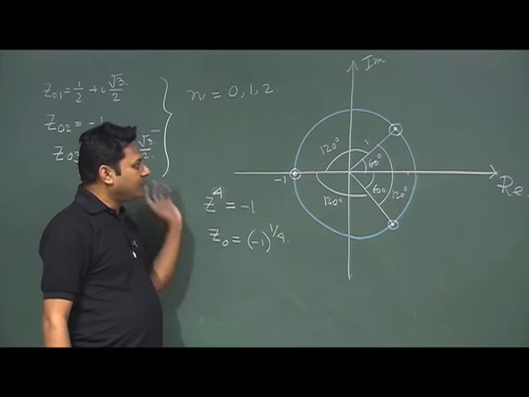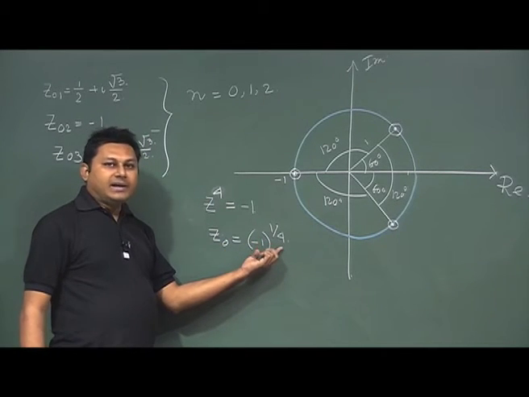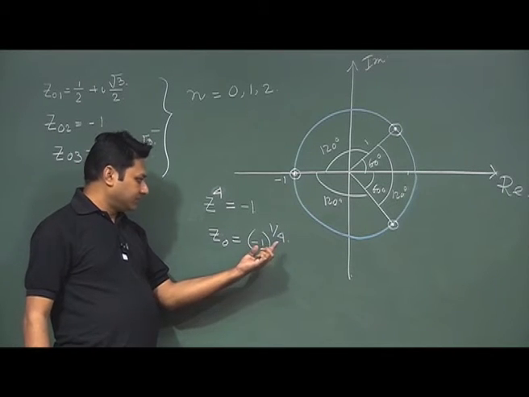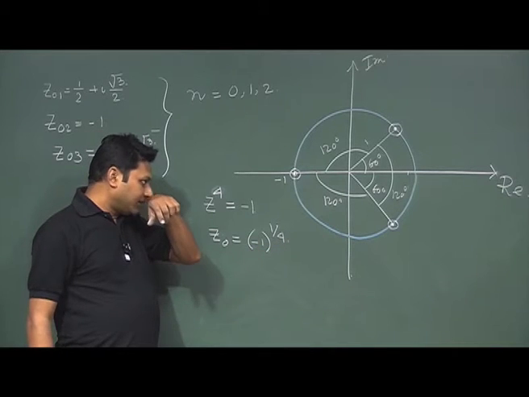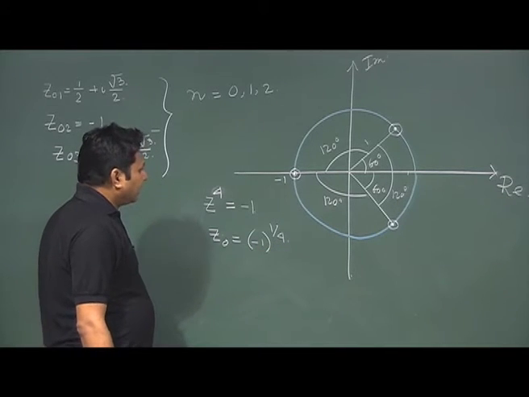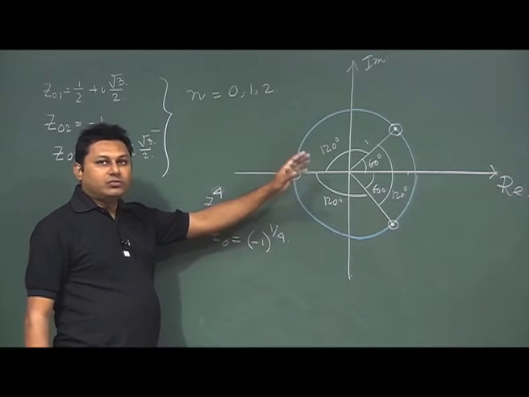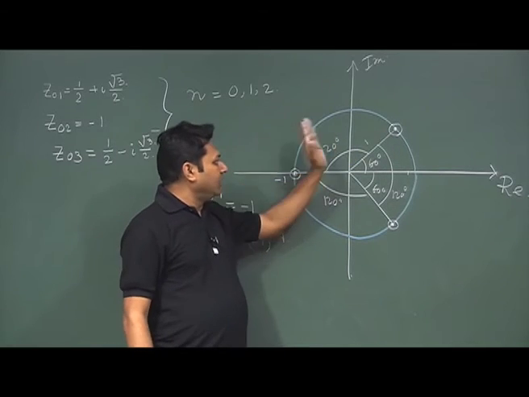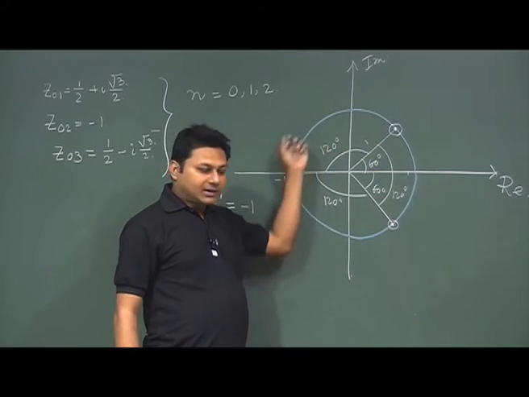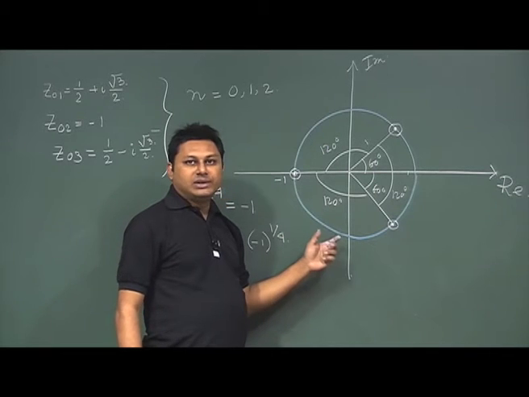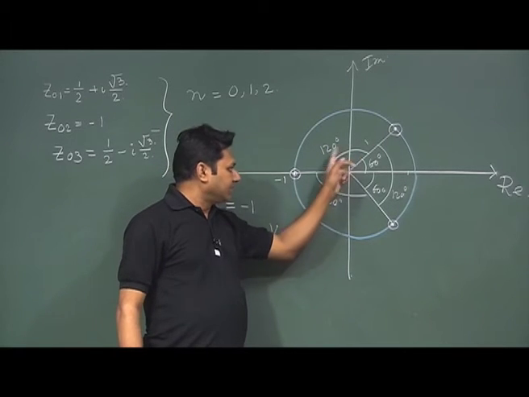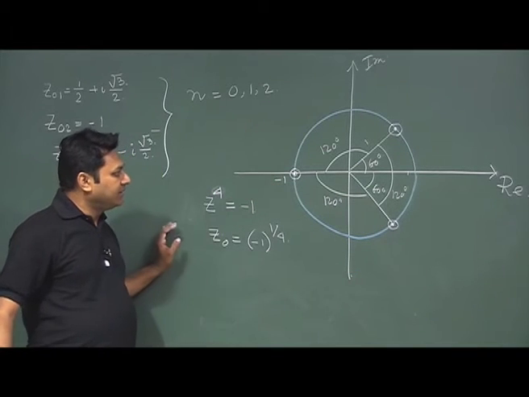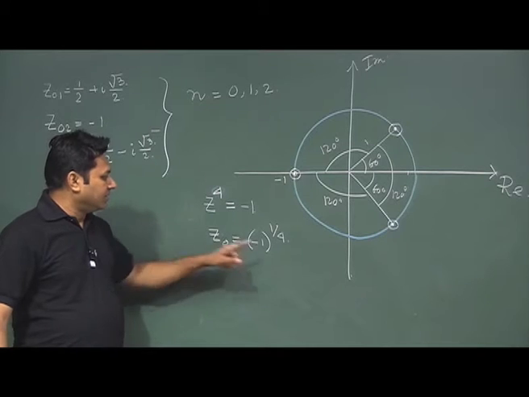Again, the same problem, instead of 3 roots, I need to find the 4 roots, and if you try to find what the roots are, you need to calculate in this way, and you find that you have 4 roots equally spaced over a circle with unit radius, with a separation between them related to this angle.